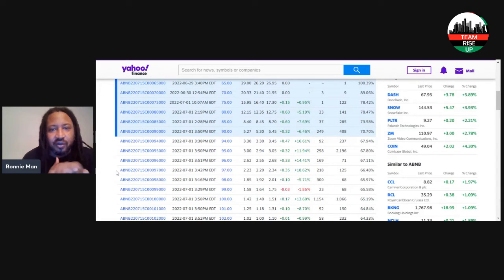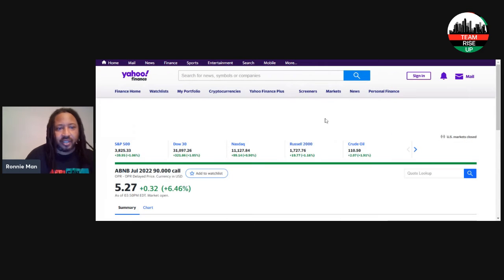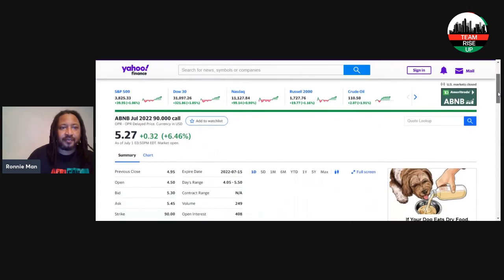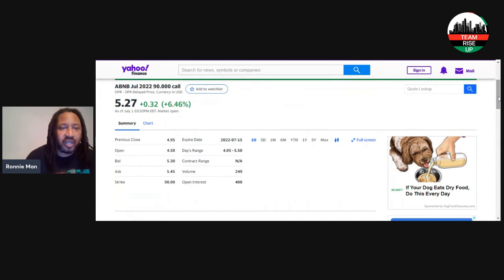All right, let's look at the $90 strike price. What I like about Yahoo Finance is it gives you all the information and it gives you this link. I'm going to save the link because I'm going to use it in a minute. Click on the link, and you have all the data as to where that contract stands at the close on Friday.